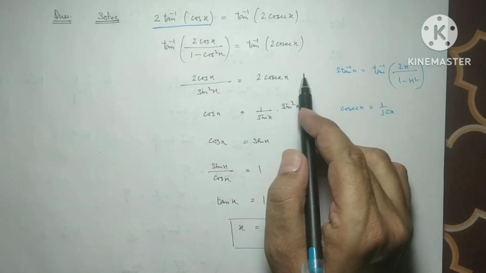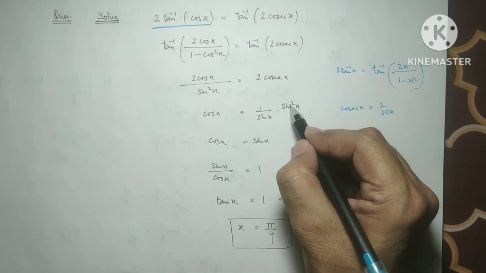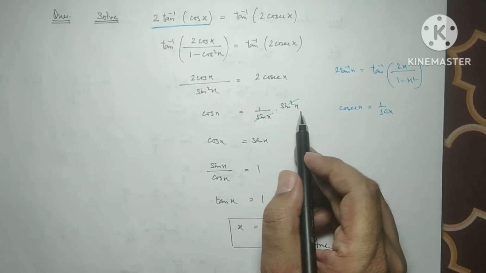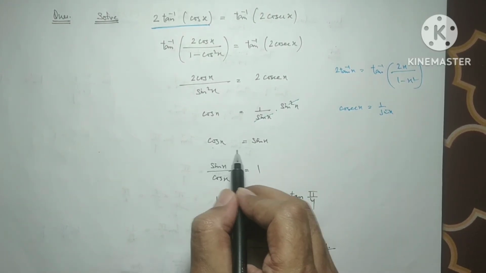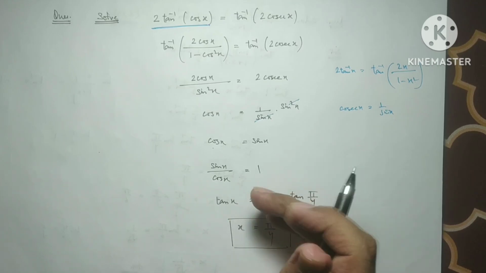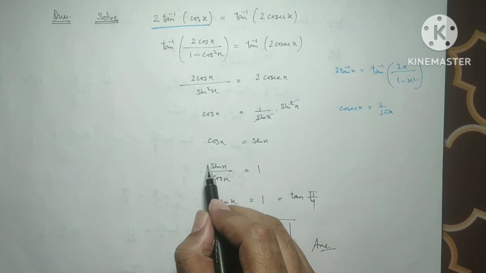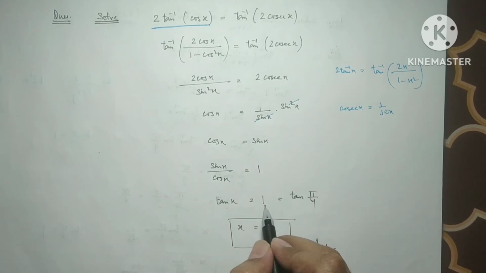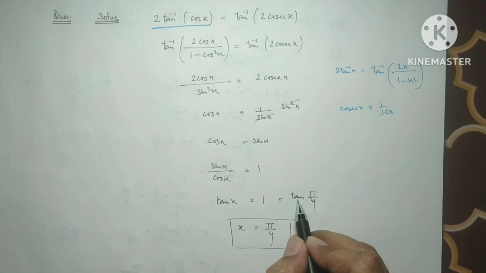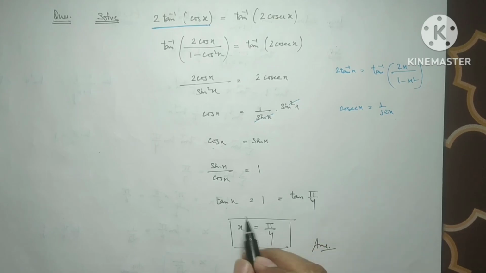And sin square x comes on this side, so we cancel out this, we get sin x. It means cos x equals to sin x. That means sin x over cos x equals to 1, and sin x over cos x is tan x. Tan x is 1, and the value of 1 in terms of tan is tan pi by 4. So we can equate these. It means x equals to pi by 4.